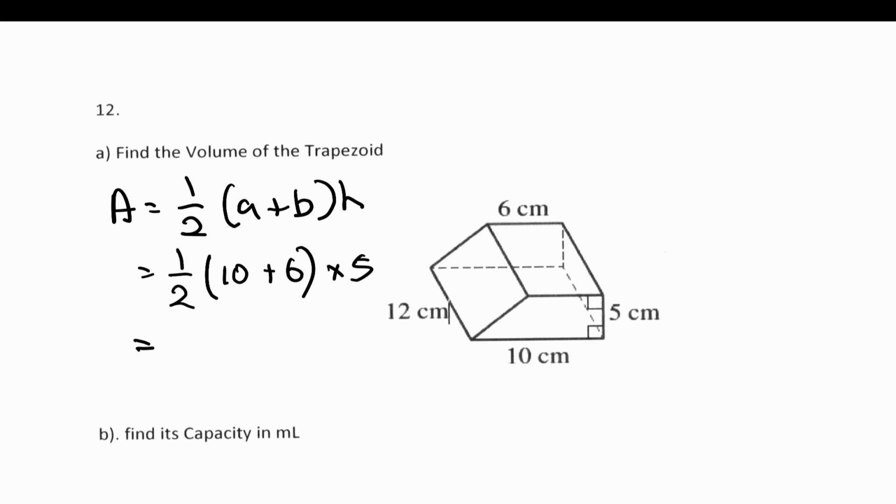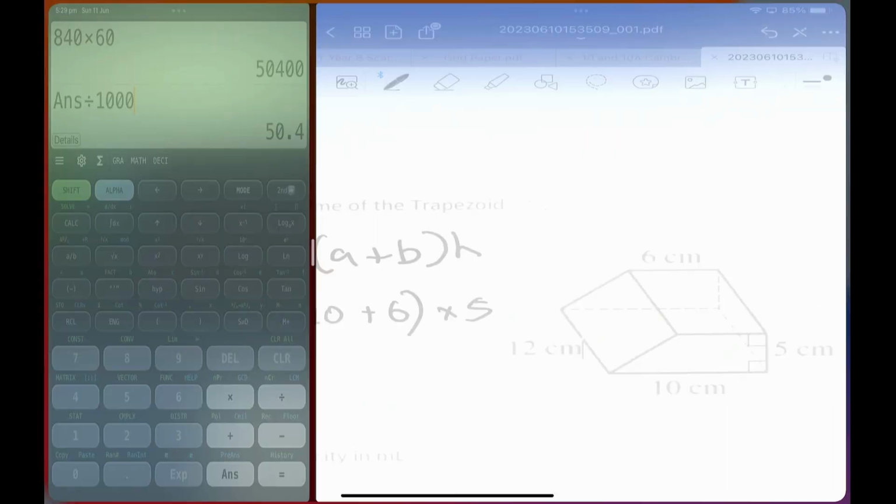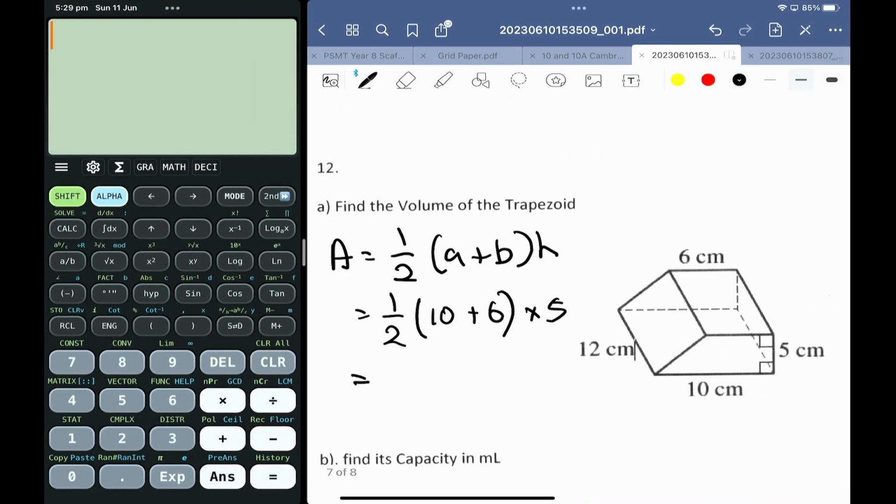And we plug all of that into the calculator. And that gives us half of 10 plus 6 times the height, which is 40. So that gives us an area of 40 centimeters squared.